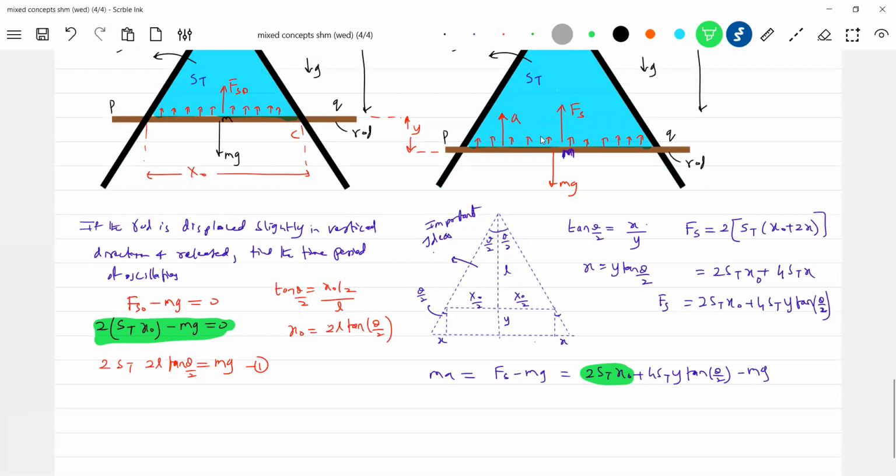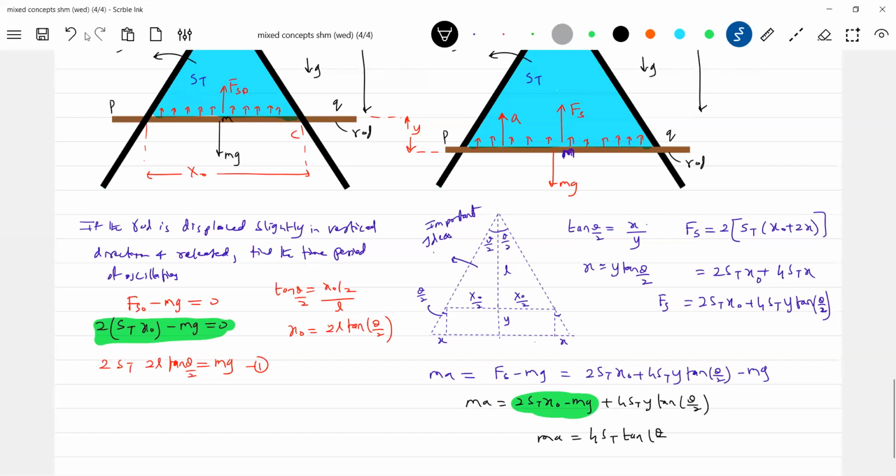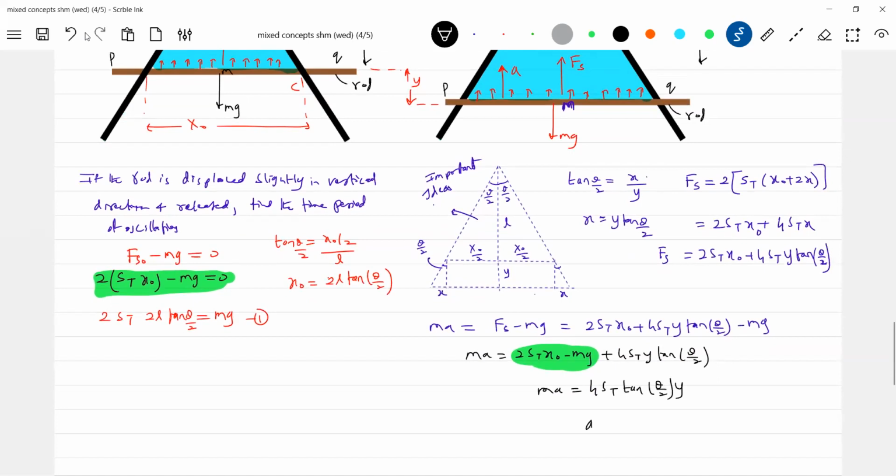Or else I'll write one more step. MA equal to, this should be equal to 0. For STY tan theta by 2 is m. So this will be further.